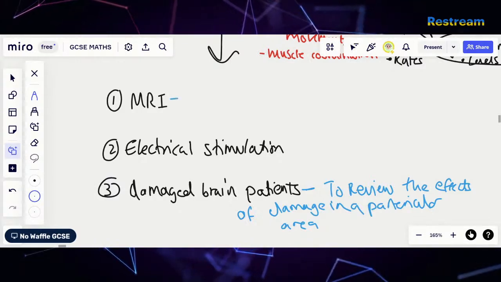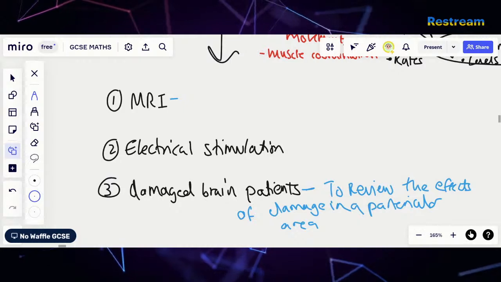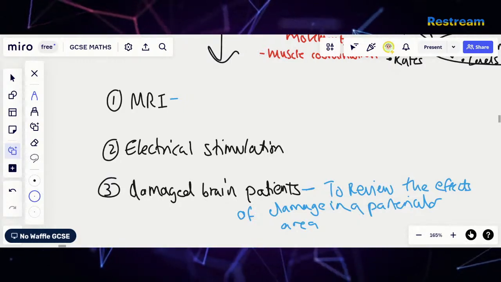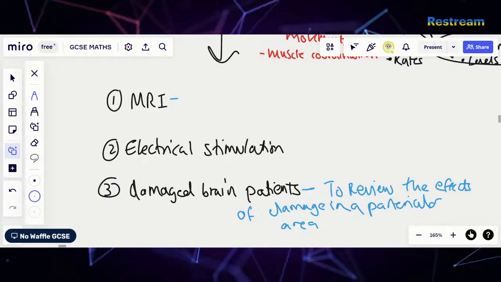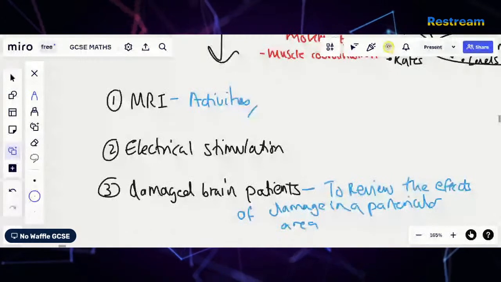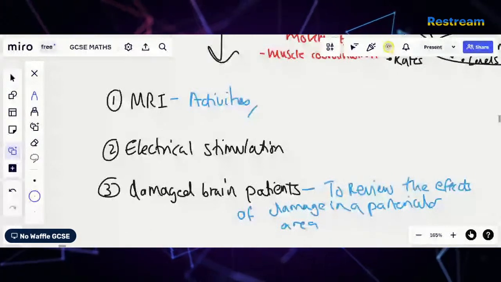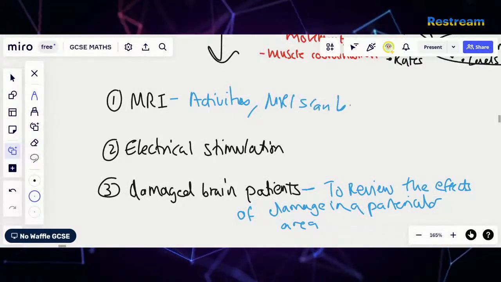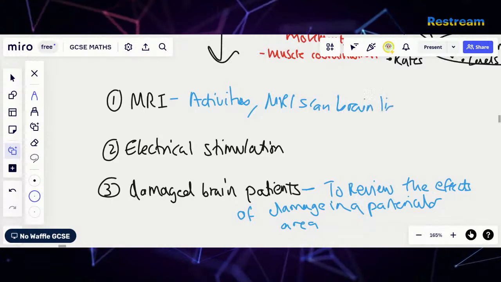Now, MRI scanning, magnetic resonance imaging, is when you are instructed to perform a task, and then the MRI scans will show which parts of the brain light up and are active during that part.